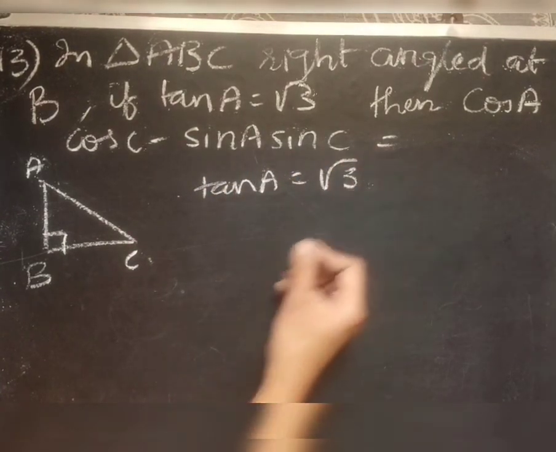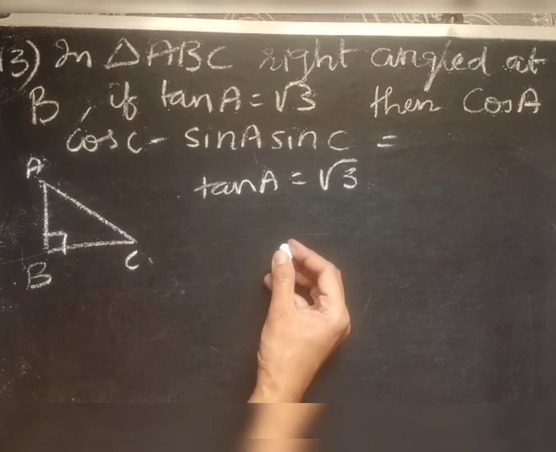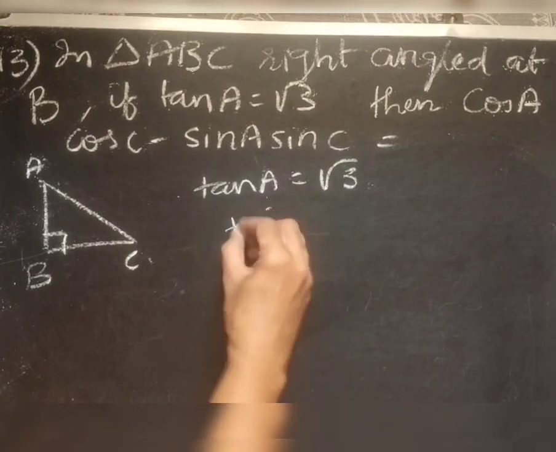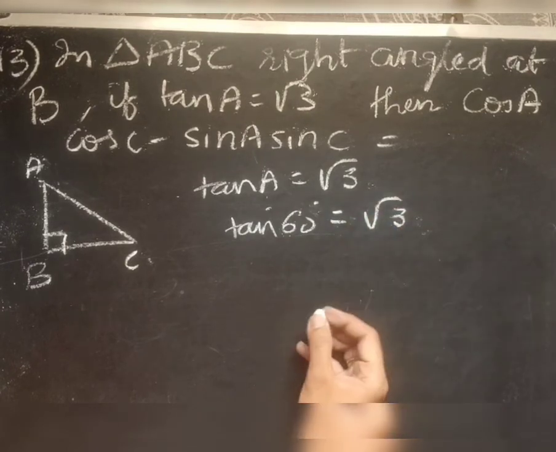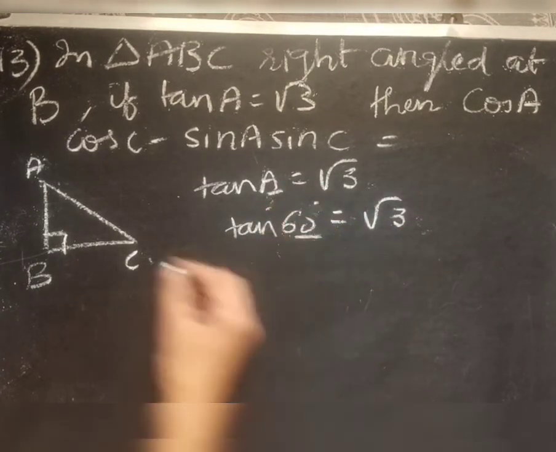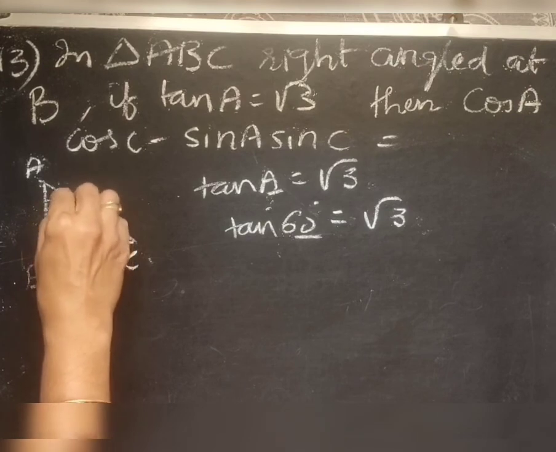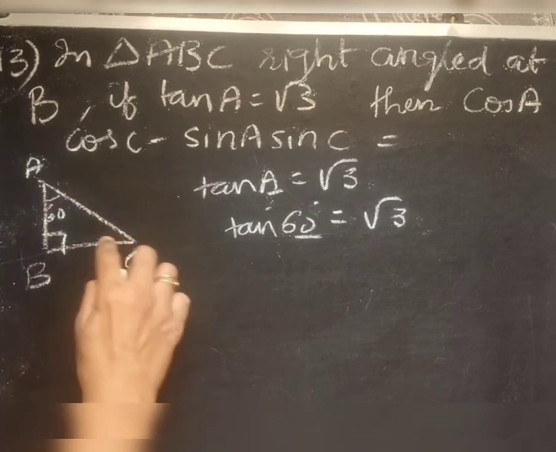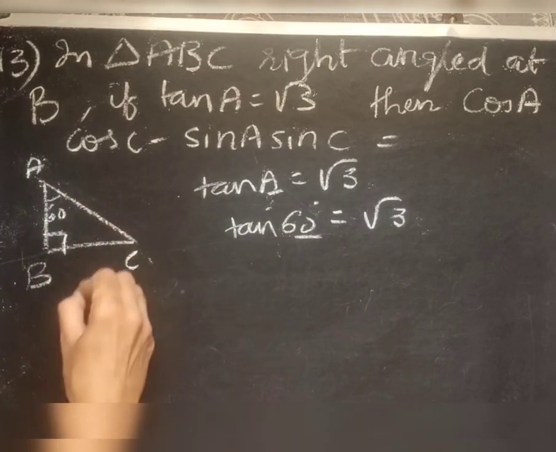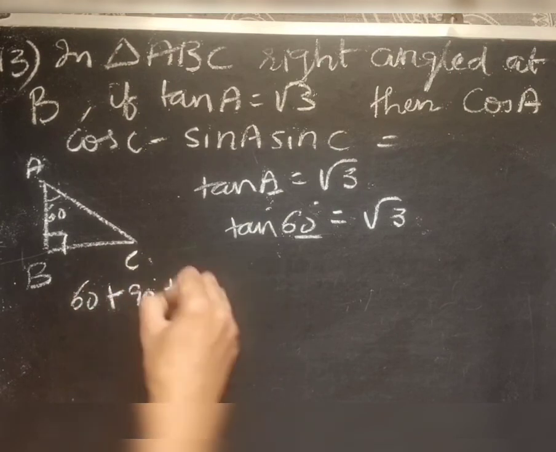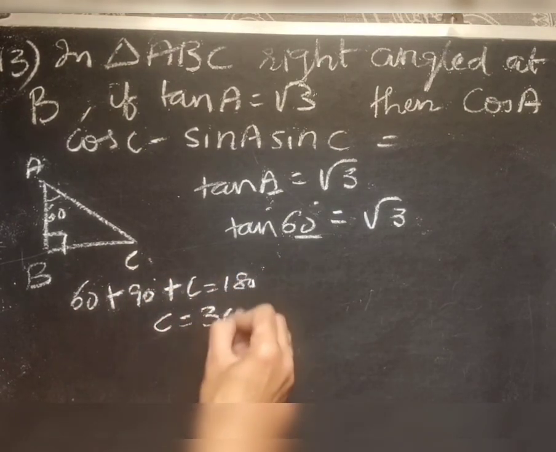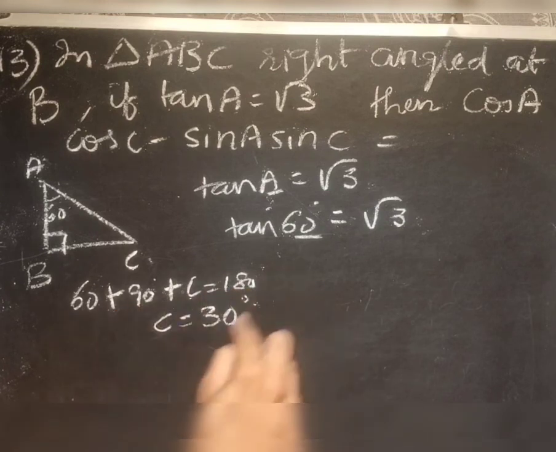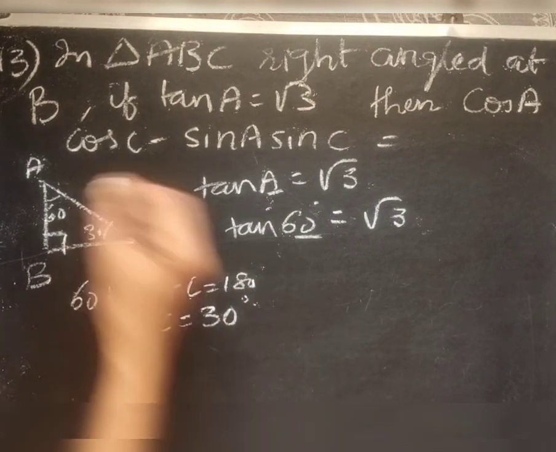From the table we know that tan 60 is equal to root 3, so angle A is equal to 60. The sum of all the angles of a triangle is 180 degrees, so 60 plus 90 plus angle C is 180, which implies that C is equal to 180 minus 150, which is 30 degrees. So this is 30 degrees.